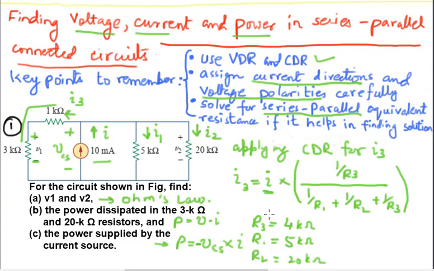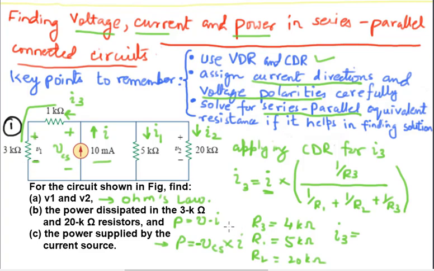Remember that I is simply 10 milliamperes. Once we find out the value of I3, since I3 is flowing in this branch, it's also flowing through the 3 kilo ohm resistor. We can easily find out V1 by the expression V equals I3 times 3 kilo ohms.